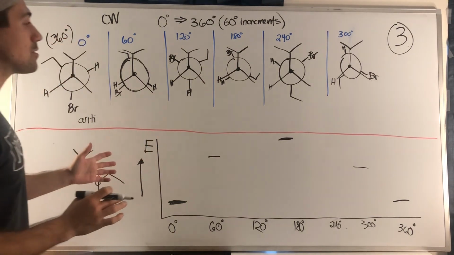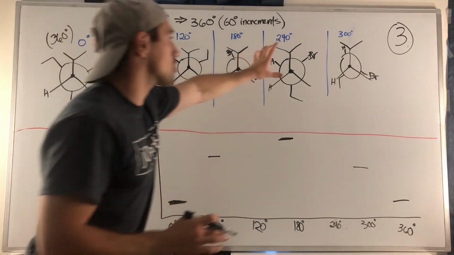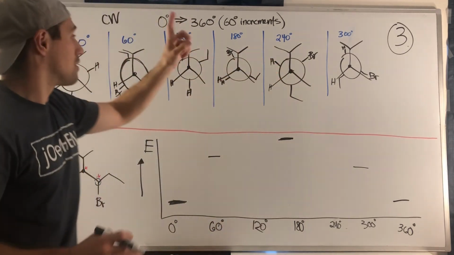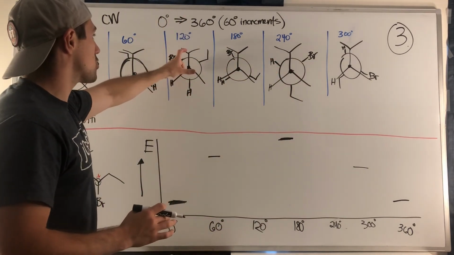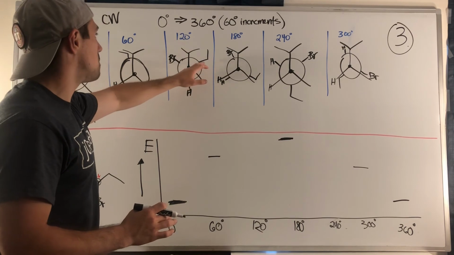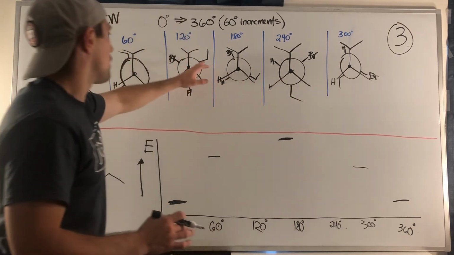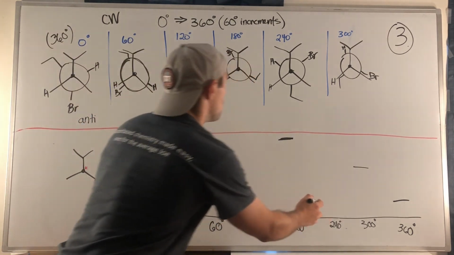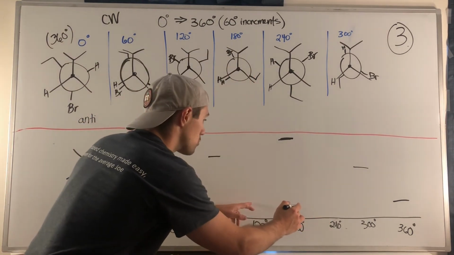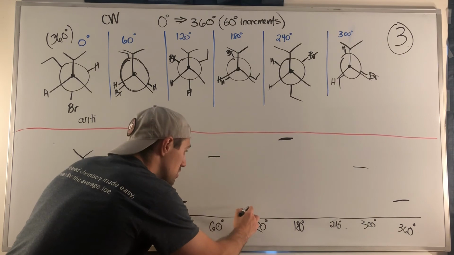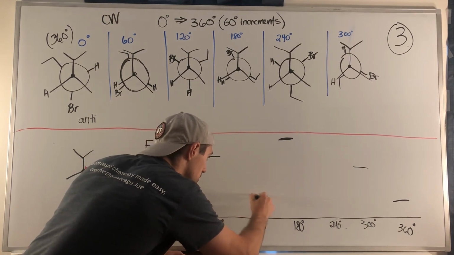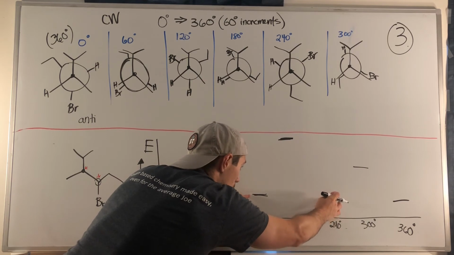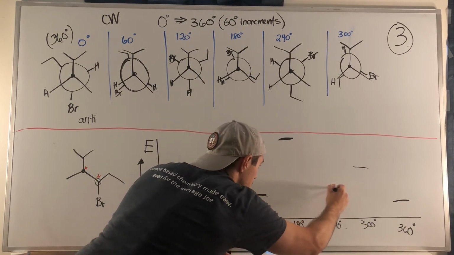And I think definitely yes, because we have the two largest groups in the front going to the biggest group on the back, versus the two biggest groups in the front, and we have this interaction as well, versus just this right here. So I'm saying 240 is higher energy than 120. So 120 is above 0 and 360. And then above that is 240, so right here.